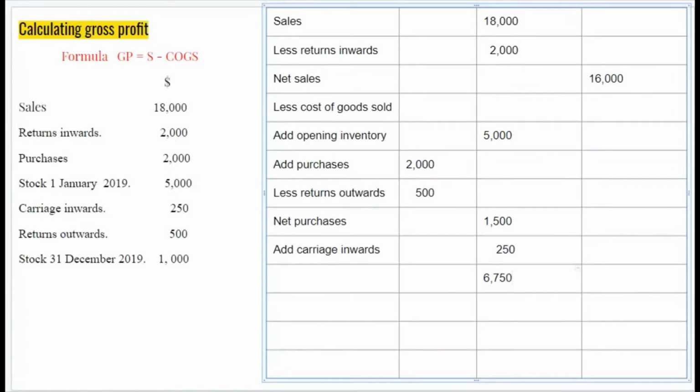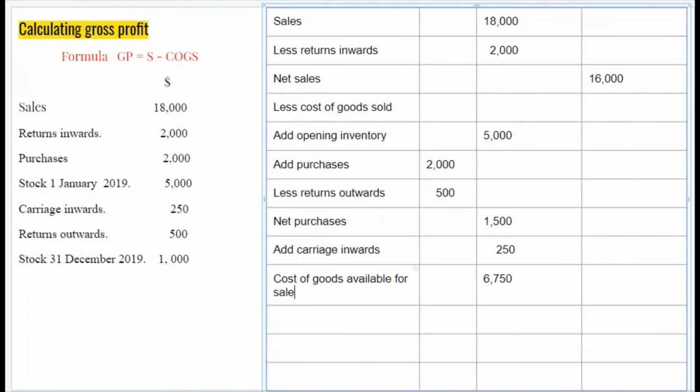This 6,750 is known as your cost of goods available for sale. So this is what you have available for sales.